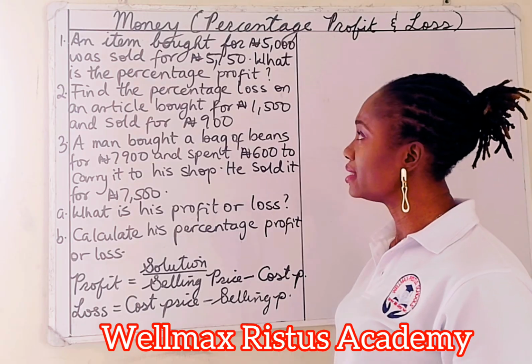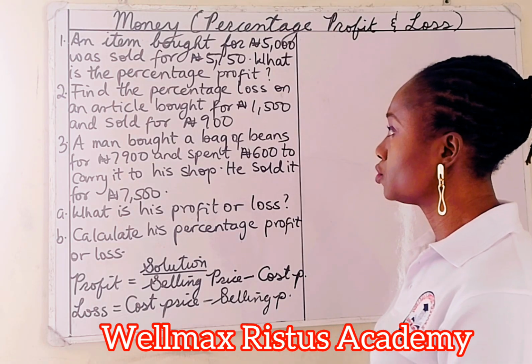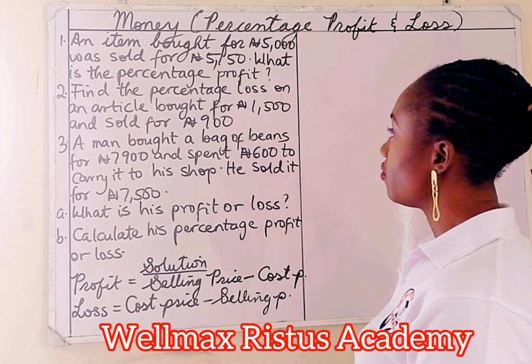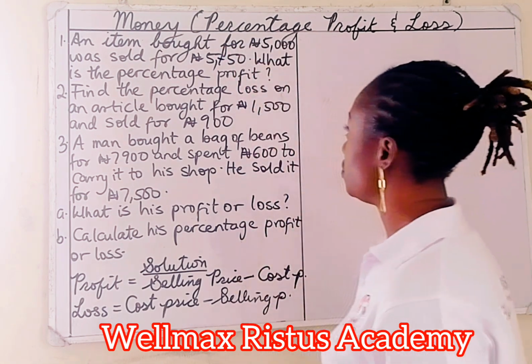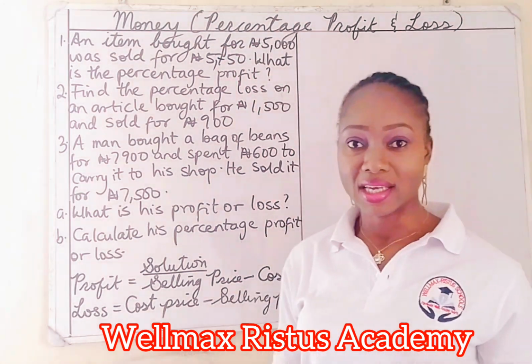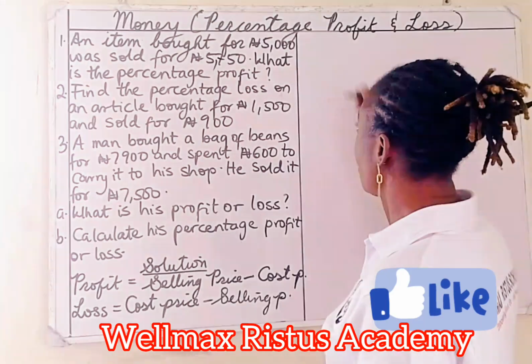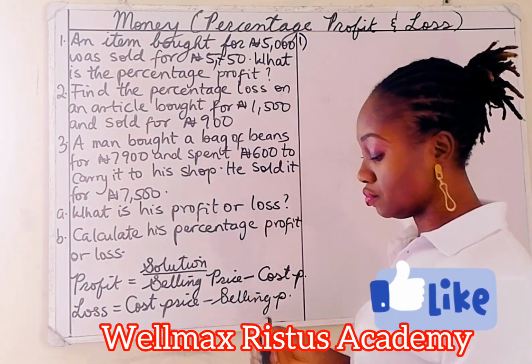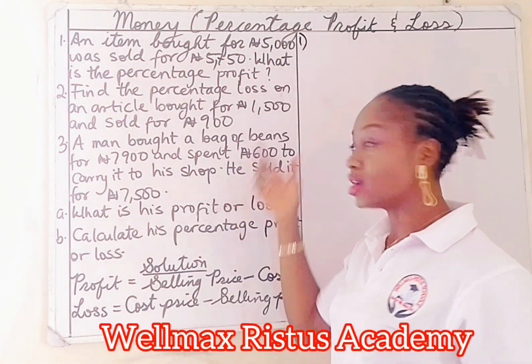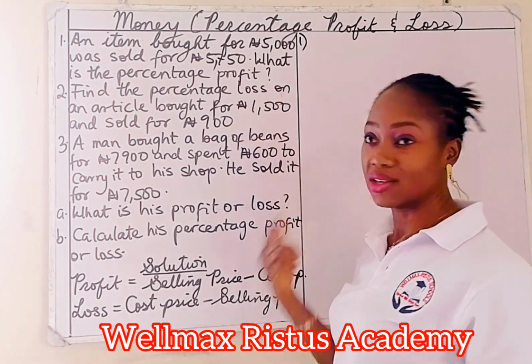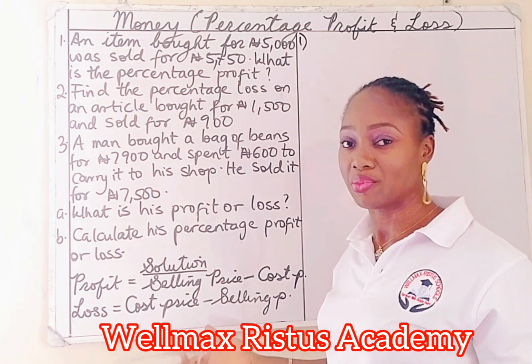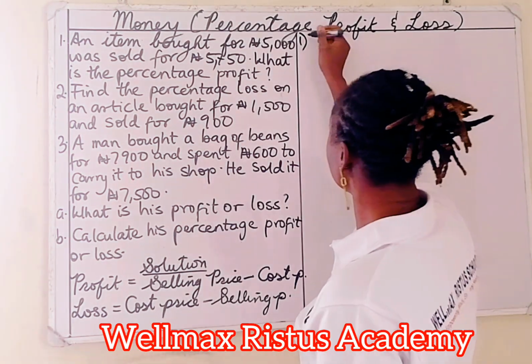Question 1 says, an item bought for 5,000 naira was sold for 5,750. Right? 5,750. What is the percentage profit? So we already know that this question is a profit because he bought an item for 5,000 naira and sold it for 5,750. So he already made a profit, obviously. So profit will equal what?